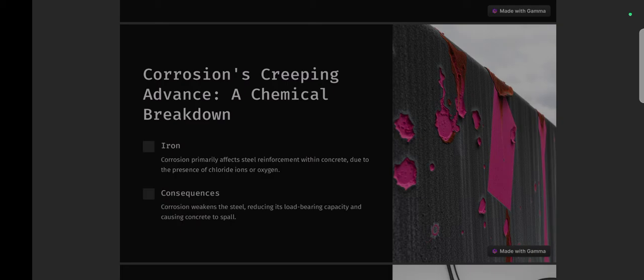While concrete is strong in compression, it is weak in tension, and steel reinforcement helps to improve this property. However, iron and steel in concrete can also be susceptible to corrosion, which is one of the most significant concerns to concrete durability.